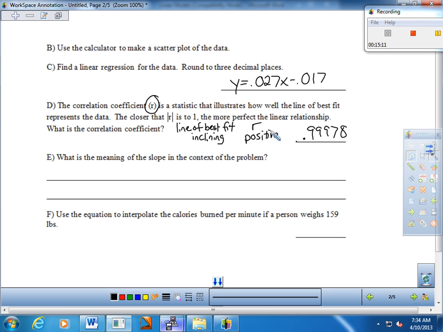And that's what we saw right here, obviously, a positive R value. If the line of best fit is declining, so the data set is going down, then the R value is going to be negative. But again, if we have an R value maybe close to -1, then that's good. That means that it's quite linear.